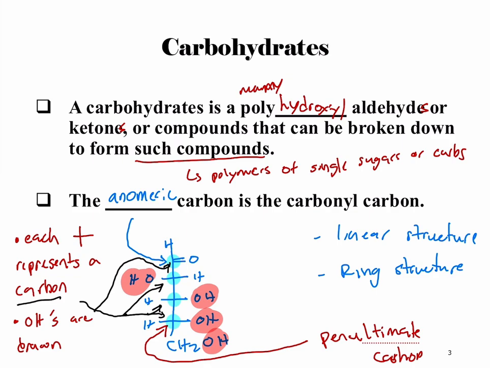All right, so each intersection represents a carbon. And whether we have an aldehyde or a ketone, that'll change the number of carbons. So OHs are explicitly drawn. I don't think I necessarily needed to write that because you can see that I drew all the OHs on this carbon.